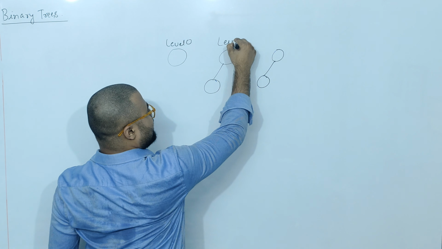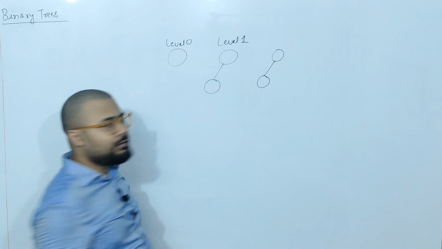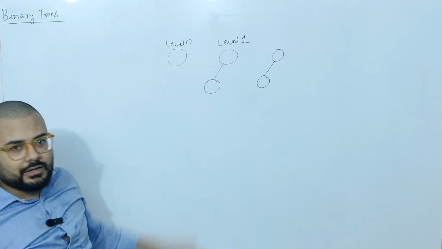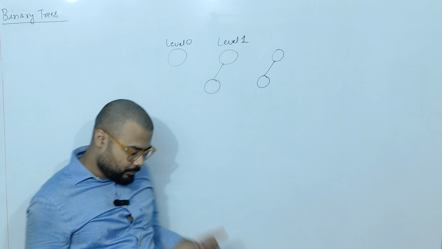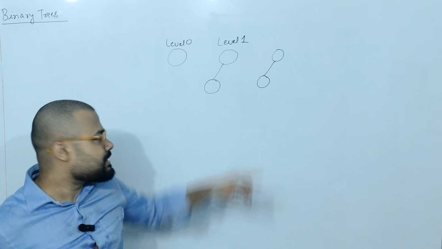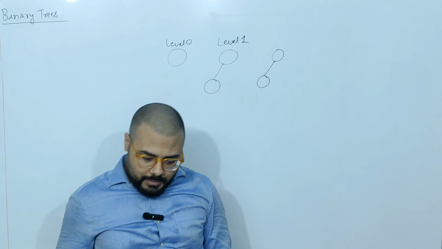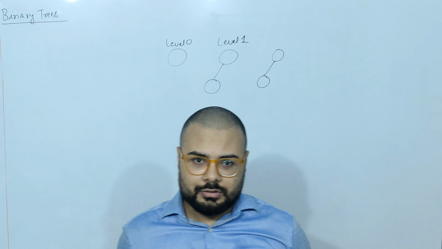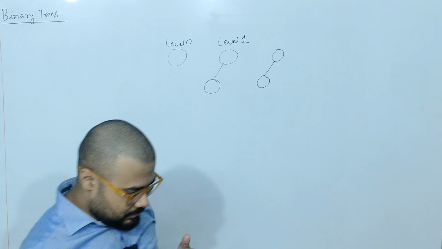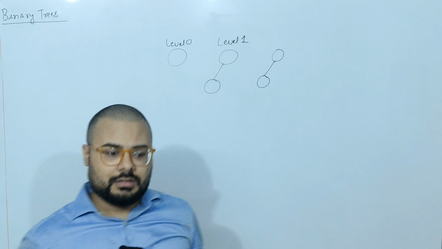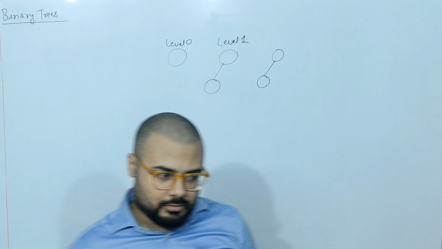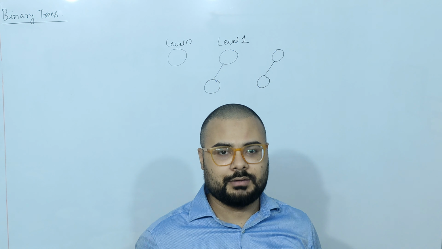Now this is your level 1 tree, or tree of height 1. By height of the tree, we mean height of the root, right? And level of the tree means the maximum level of the leaf, which is at the maximum level.